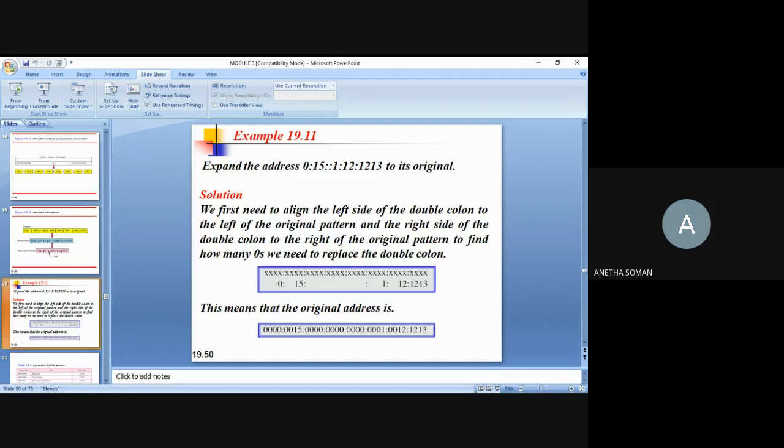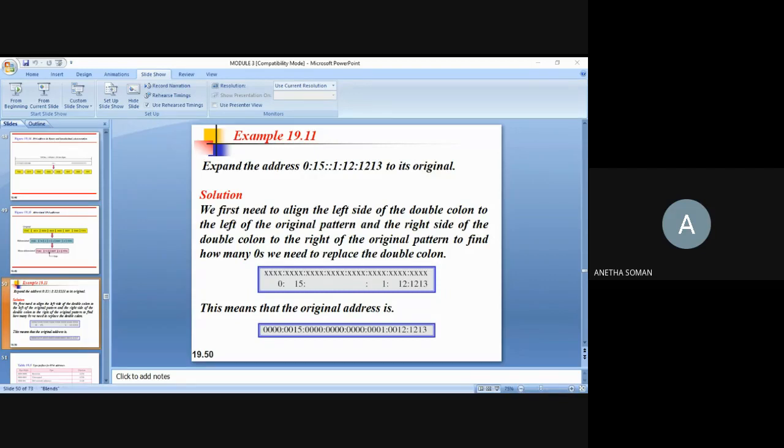Can anybody answer? 128 bits is what you have. I'm asking about the address space, the total number of addresses available. How did you find it in IPv4?